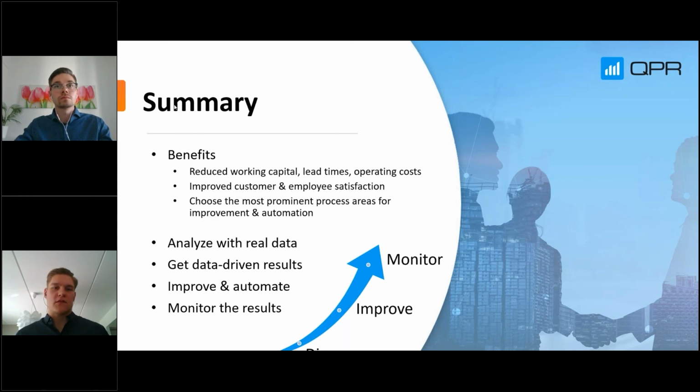And this is very, very useful to support your automation and improvements. And lastly, we can communicate and monitor the results of these process improvements. So that is equally important in order to continuously drive for business growth and improvement.